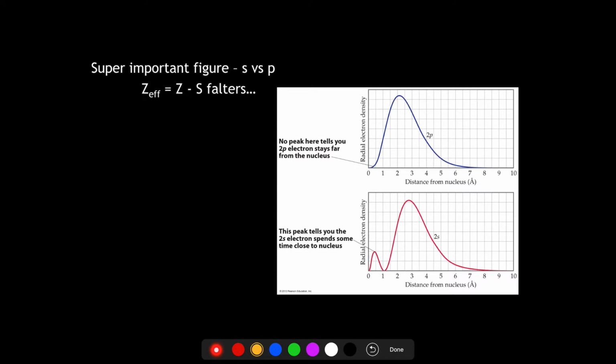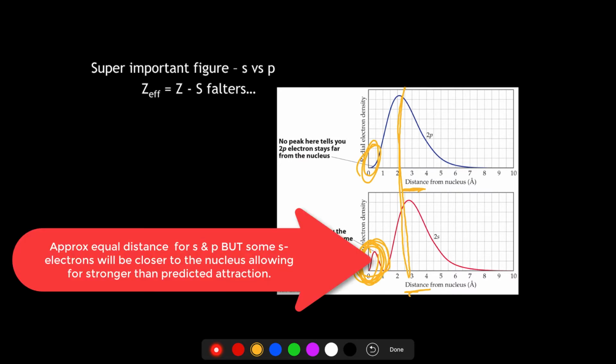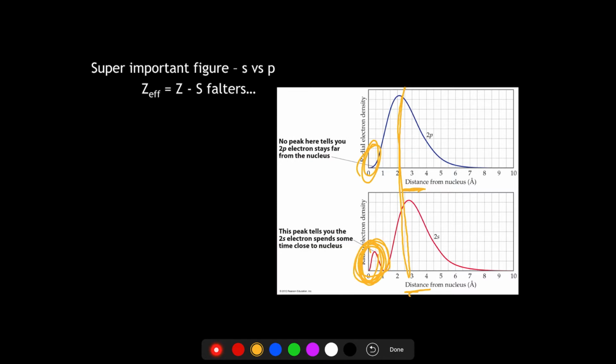So going back to what we talked about previously, a 2s electron has higher nuclear penetration than a 2p electron. This says that they spend about the same average distance, but this one has that extra peak. Does that make sense? Which means that the 2s electron feels a little bit higher Z effective than one would calculate just using this. Does that make sense?